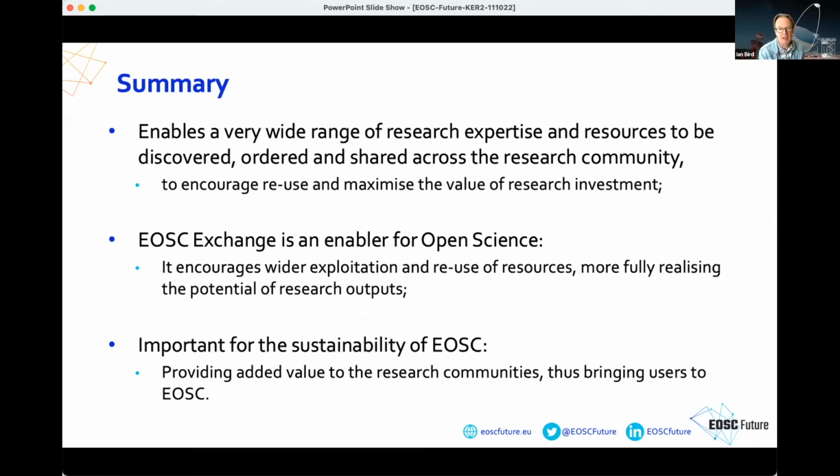The exchange can really be an enabler for open science because it encourages wider exploitation and reuse of resources, more fully realizing the potential of the existing outputs. And I think done correctly, this is important for the sustainability of EOSC because this will and does provide added value to the research communities. And in doing that, I think it brings users into the EOSC.